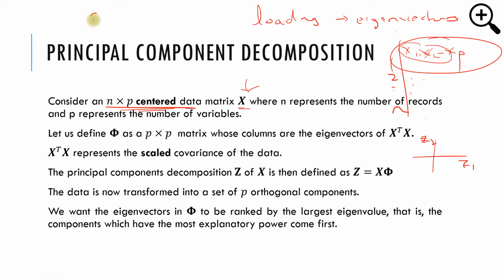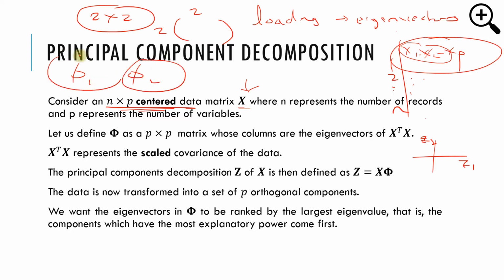So if you have a 2 by 2 matrix, you would have a 2 by 2 matrix of factor loadings, those phi 1 and phi 2 that we were referring to earlier. So you would have a 2 by 2 factor loadings matrix. You can think about it like that if you want to make it a little bit easier.